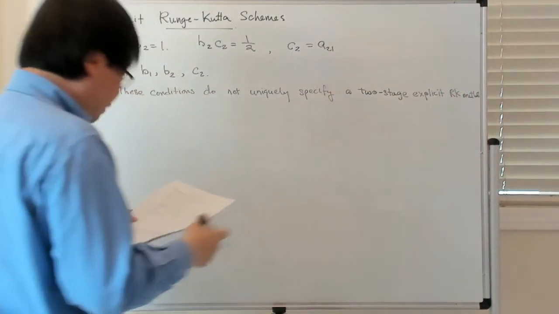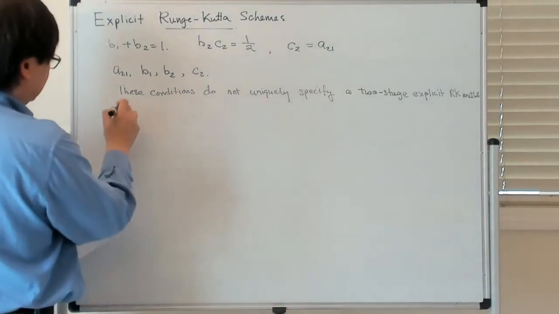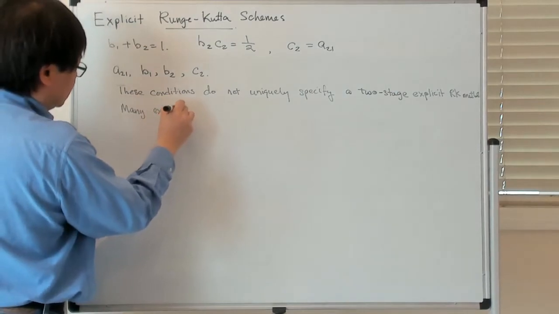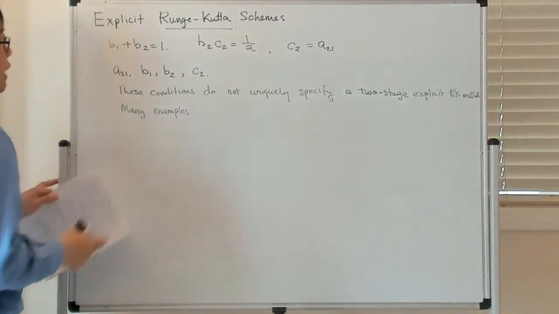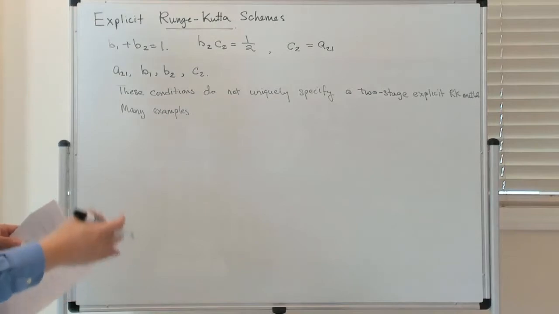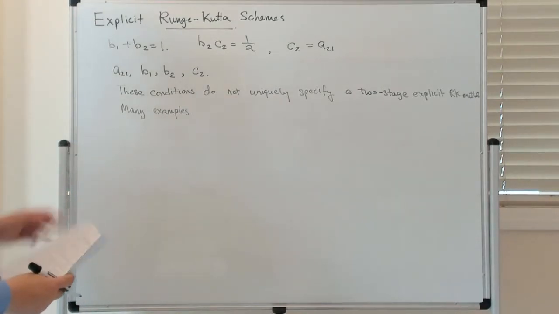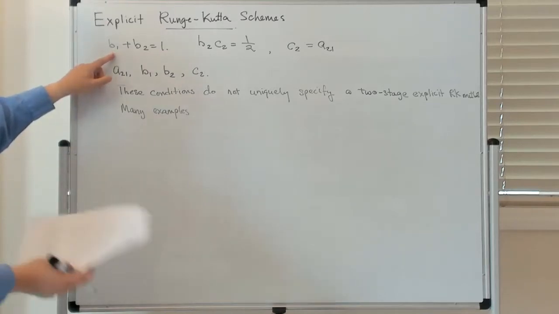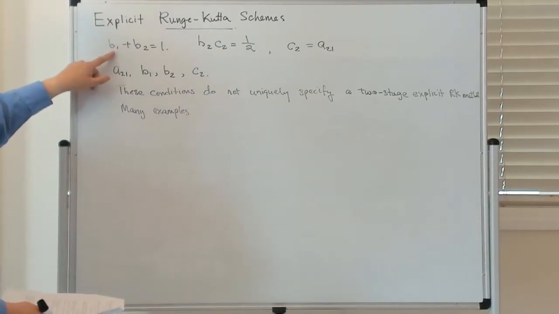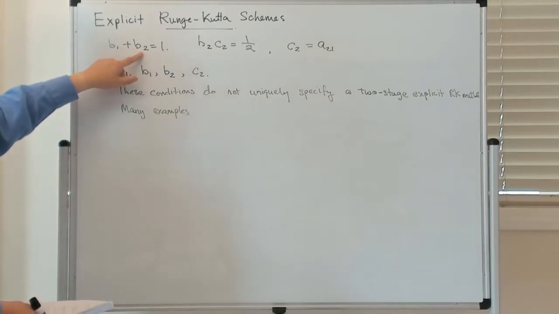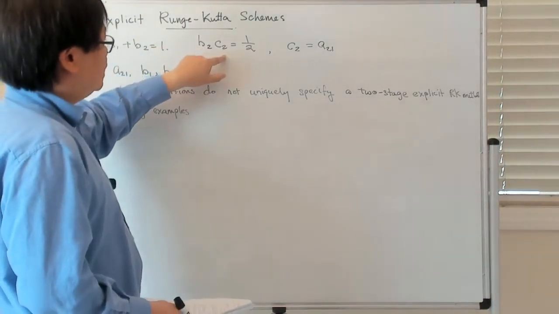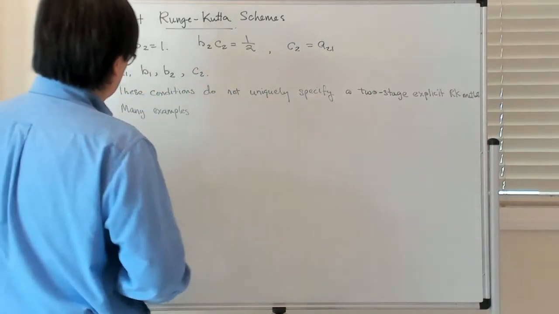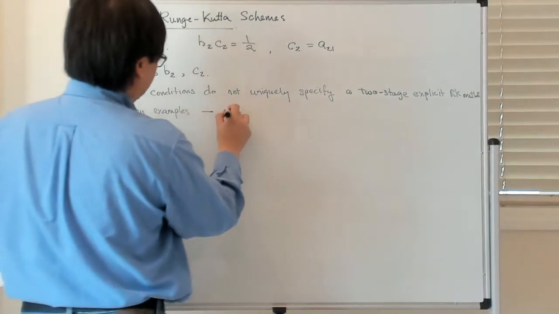And it turns out that there are many examples of them. From this, you might suspect that there is a one-parameter family, all right? Because you can write everything in terms of just specifying, for example, b1, right? So if you specify b1, you know what b2 is from this first equation. If you know b2, you can know what c2 is, and again, if you know c2, you know what a21 is.